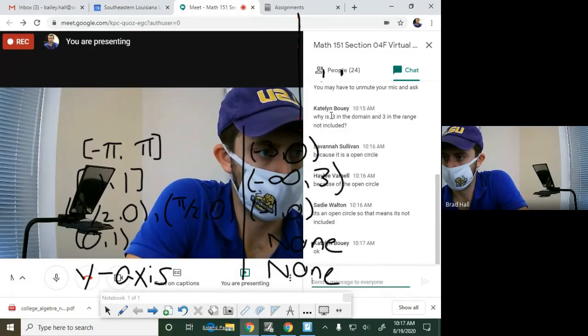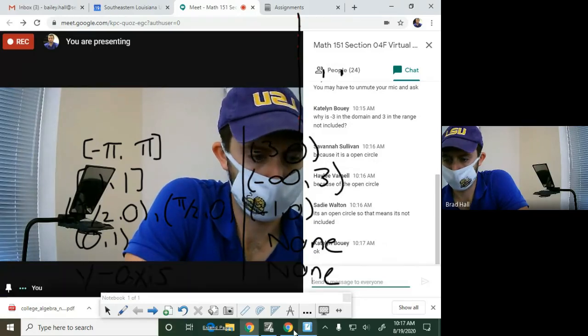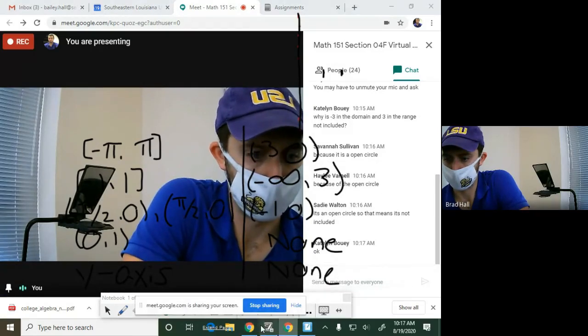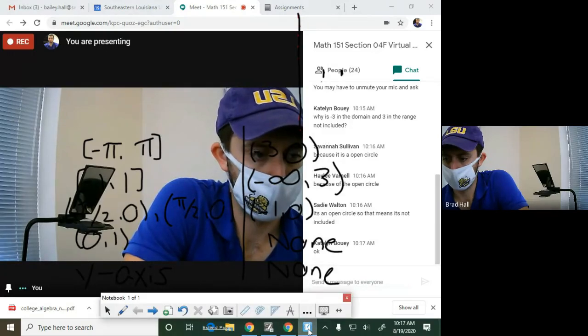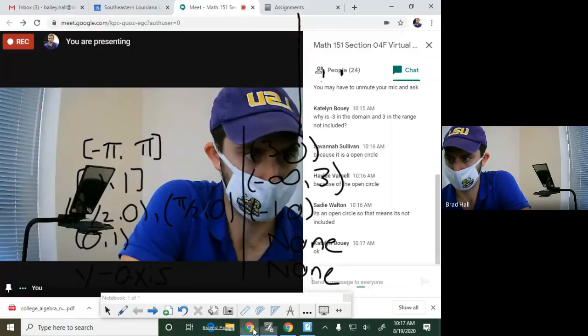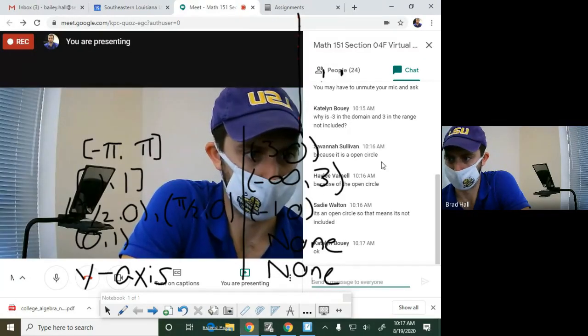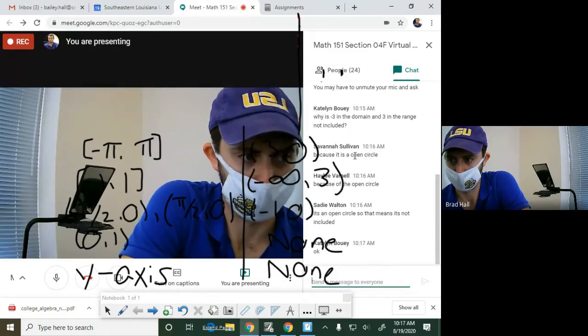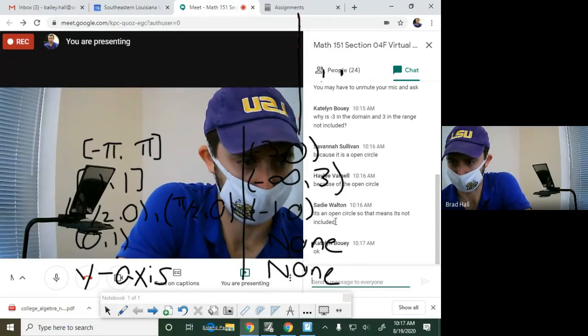So, y is -3 in the domain and 3 in the range, not included. So -3 is not included, and the 3 is not included. So they're both not included relative to the domain and range. If that, hopefully, oh, okay, Savannah, thank you for your, and Haley, thanks for your contributions, all of you.